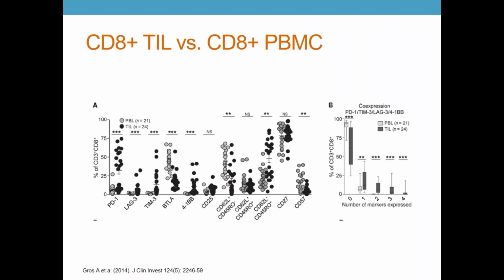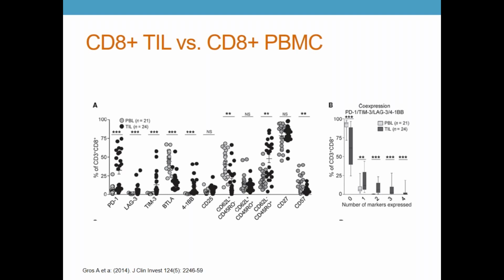If you look all the way over to the right, that just goes to show you that most of the lymphocytes, whether they're TILs or peripheral blood mononuclear cells, present one of the inhibitory checkpoint inhibitors, whether it's PD-1, TIM3, or LAG3. Some of them, however, will present 2 of these together. Some of them will present 3 of them together.